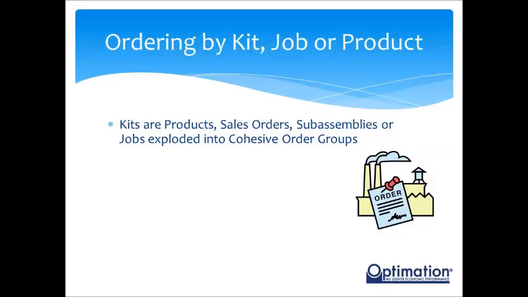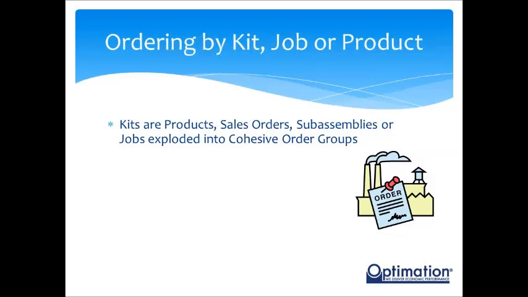What all of these have in common is that they are made up of multiple part orders that are intended to be produced together to complete a particular group of orders, which become a kit or a product or sales order or whatever it is that your terminology might mean.